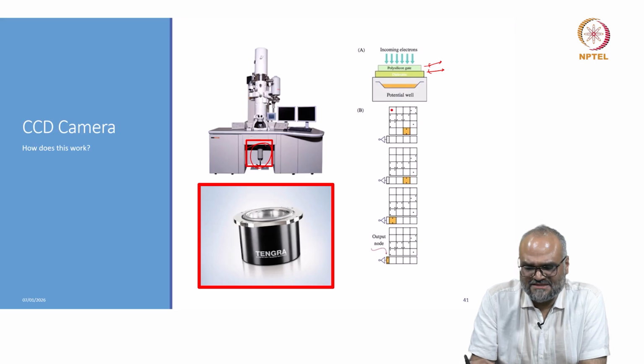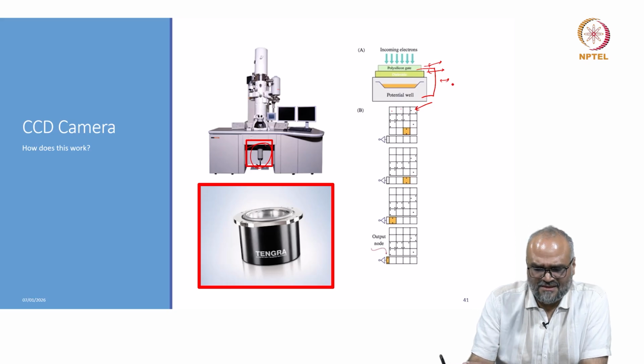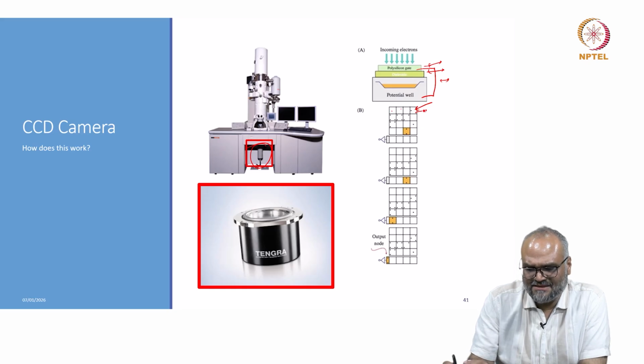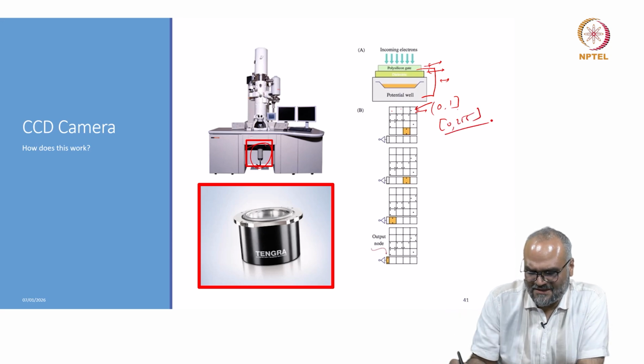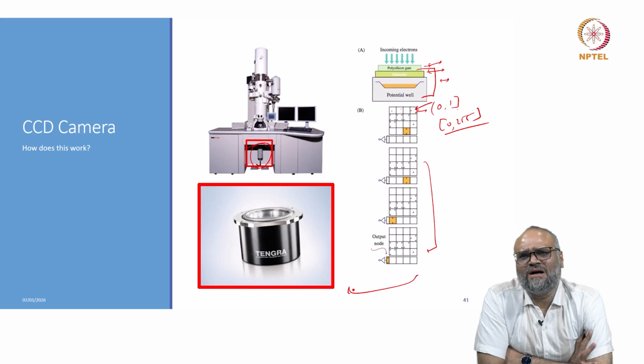So at each pixel, whatever electron is hitting that particular pixel, you are converting the photon, or you are converting the electron, which the way you see on the fluorescent screen camera, to a digital signal. This is either converted to a 0 or 1 or 0 or 255, depending on how you are storing it, and each of this is now again converted to a node. Through an output node, you actually convert it into a digital signal and you store an image.